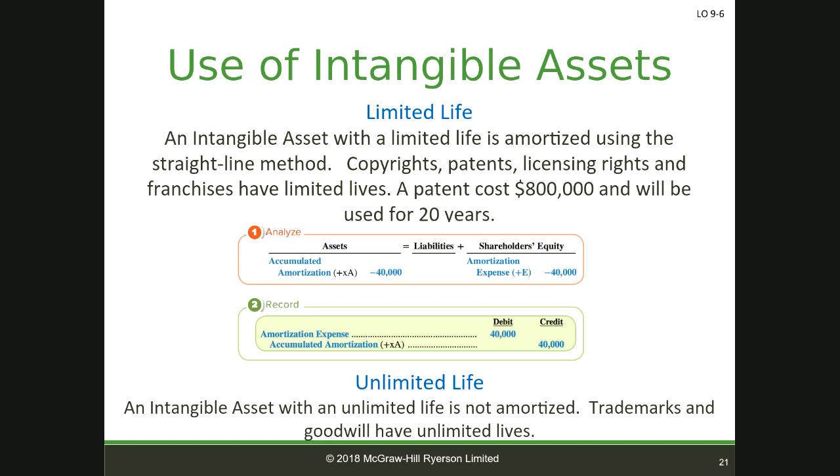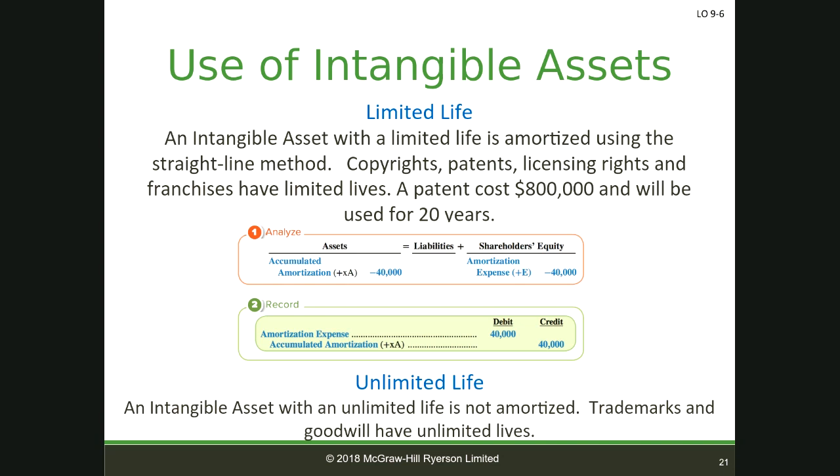May have an option to sell the business, maybe not. So there are various ways that intangibles with unlimited lives can be dealt with. But the main thing to remember is they are not amortized. They must be considered for impairment at the fiscal year end of the business.